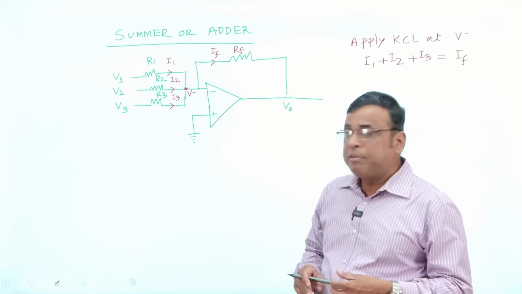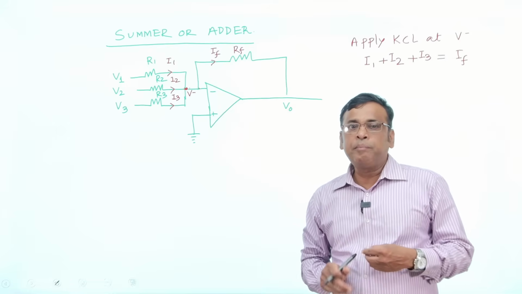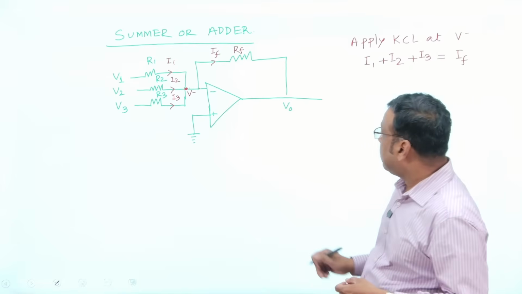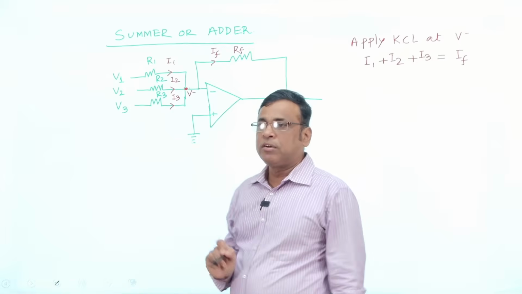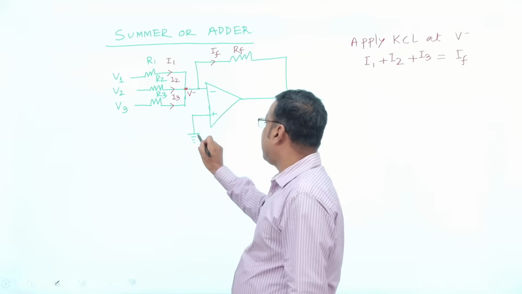When you solve an operational amplifier problem, the first step is to apply Kirchhoff's current law. If this is the inverting terminal and this is the non-inverting terminal, and the non-inverting terminal is grounded, it is at 0 volt.